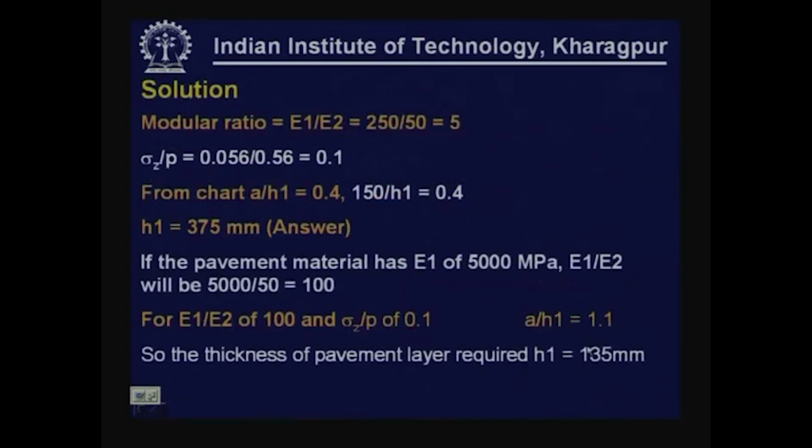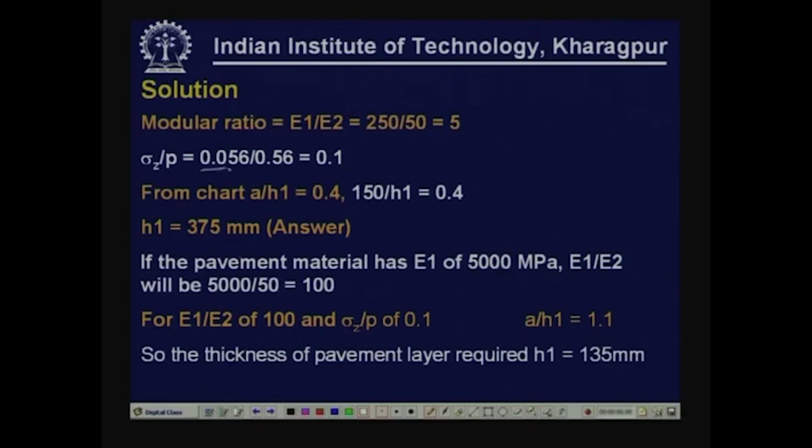So, the modular ratio E1 by E2 is 250 by 50, that is 5. So, for this sigma z by p is 0.056 by 0.56, the allowable stress is 0.056 and applied pressure is 0.56.